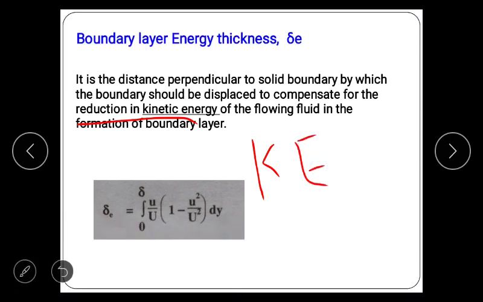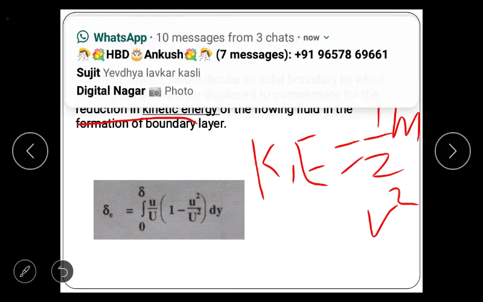Kinetic energy is 1/2 mv square, we know that. Now in that, m can be replaced. How can we replace m? What is mass flow?